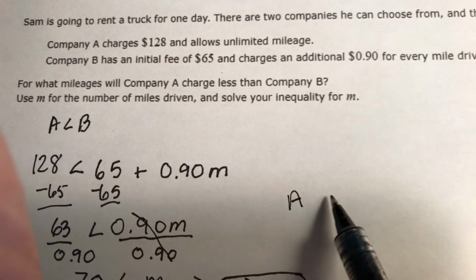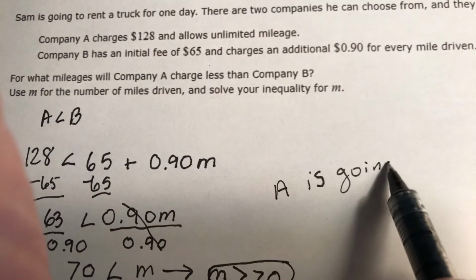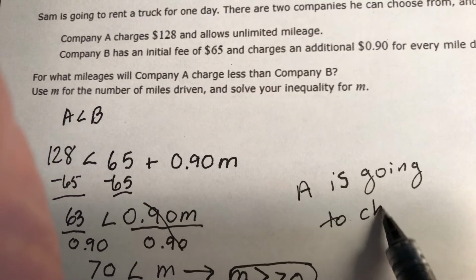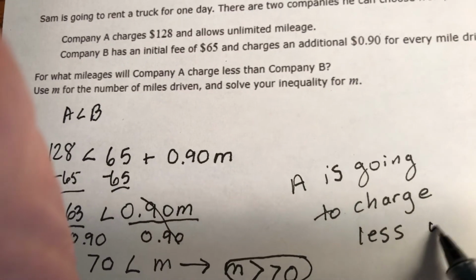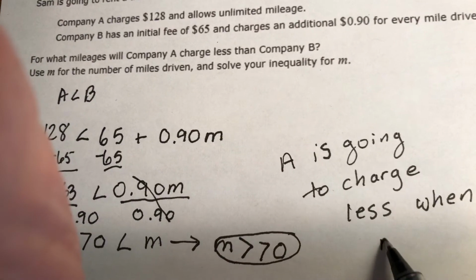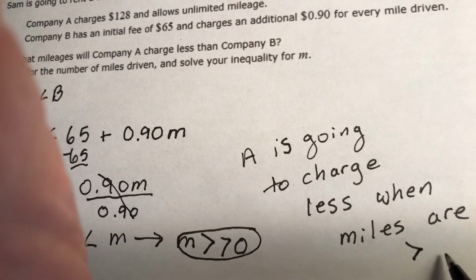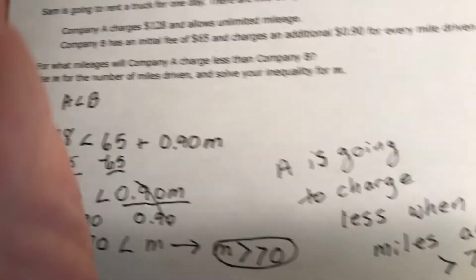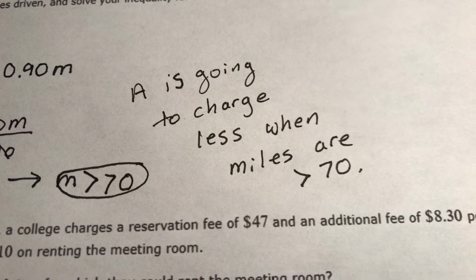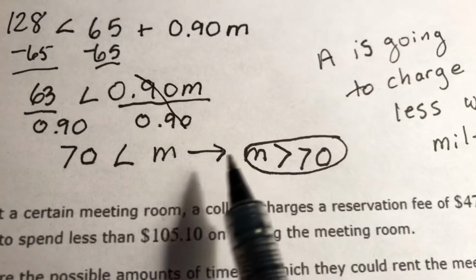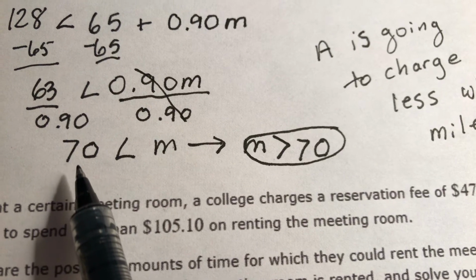I don't know how they'll ask for this, but A is going to charge less when miles are greater than 70. I should probably write for 70 or more miles. All right, different ways you can word that. Notice, a lot of people will think I switched the symbol. I didn't. The bigger part is by the M with the 70.